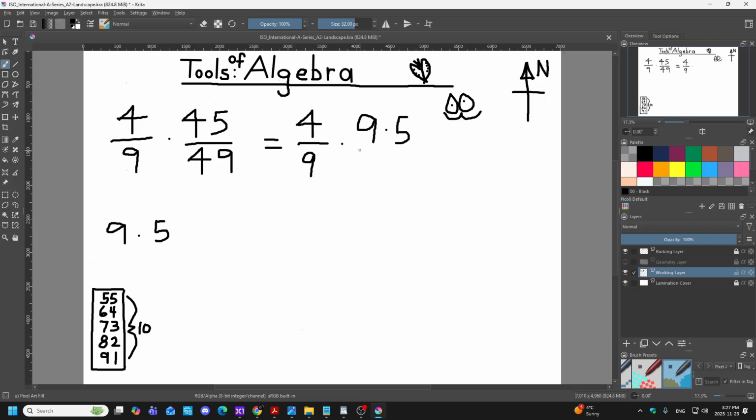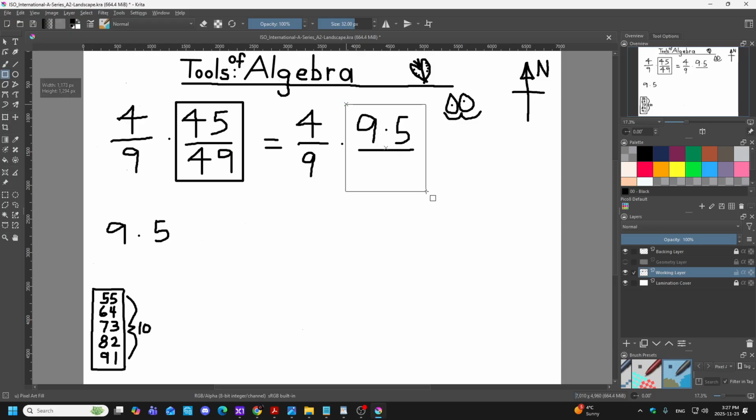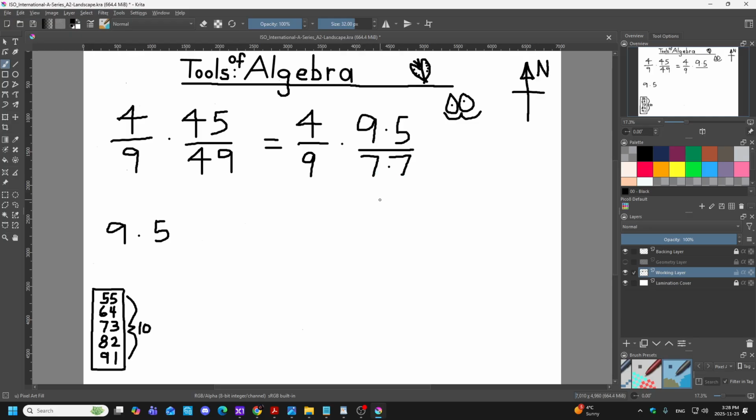I'm just working with this right now. I'm breaking this into parts. That's what I'm doing. And 7 times 7 is 49. So the reason I did this is so I can cancel.